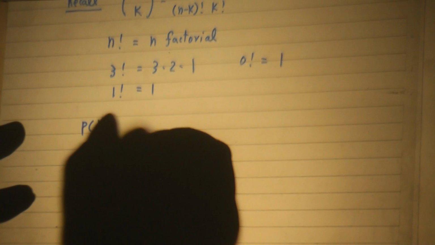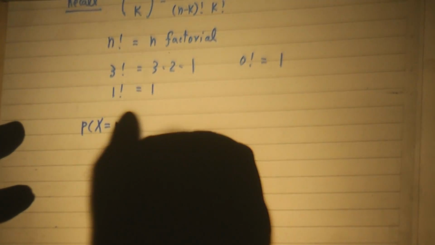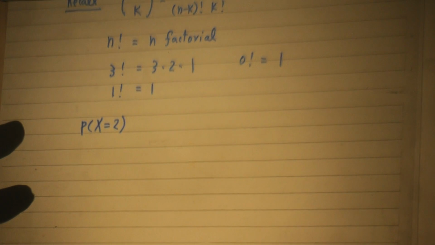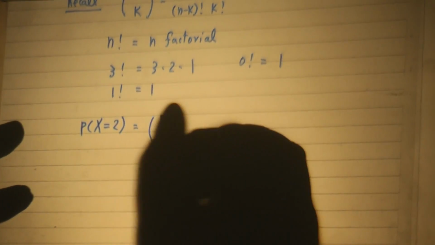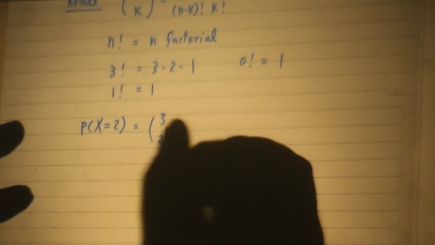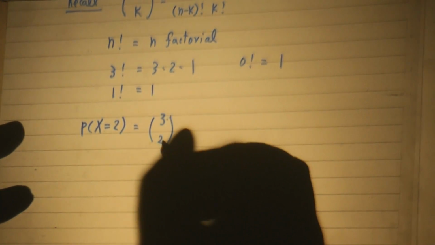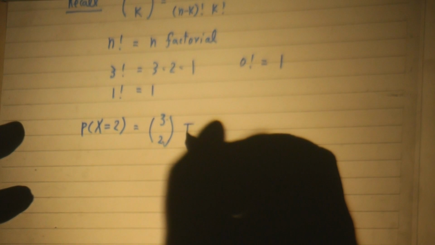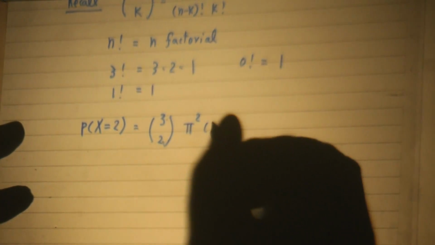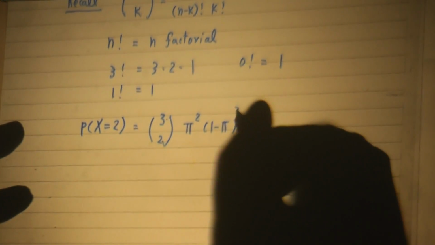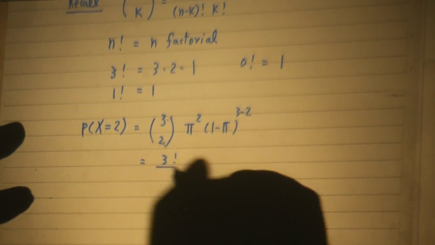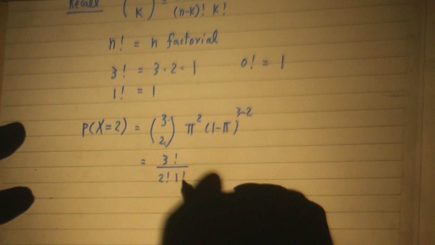Now next one. When x equal to 2, the formula says 3 choose 2. From 3 flips, we choose 2 flips and assign heads. And then pi to the power 2, 1 minus pi to the power 3 minus 2. 3 choose 2 is 3 factorial over 2 factorial and 1 factorial.